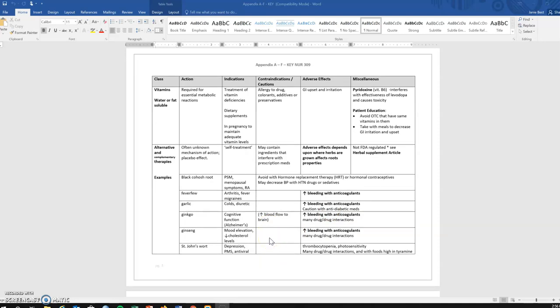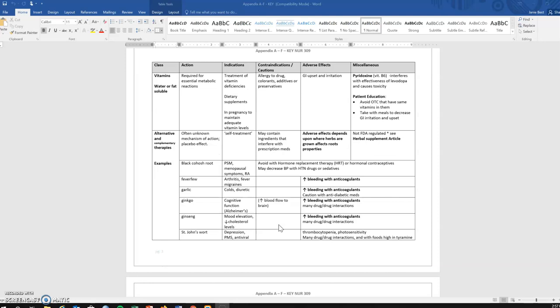Ginkgo may be used by individuals who want to improve their cognitive function, such as people who are trying to avoid or to treat early Alzheimer's disease. It increases the blood flow to the brain and can also increase bleeding if given with anticoagulants. There are many drug-drug interactions, so ginkgo needs to be used by patients very cautiously.